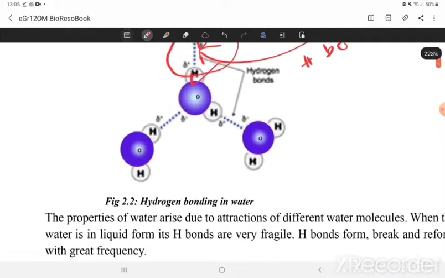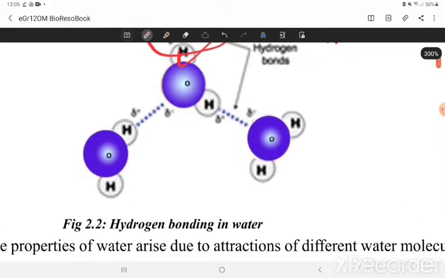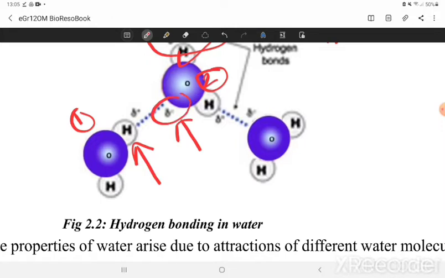You see, right? We have the hydrogen having a small delta plus charge. That's one molecule of water. And then we have another water molecule. Let's call this water molecule number 1. We call this water molecule number 2. So number 1 water molecule has a hydrogen having a delta positive charge, and number 2, you can see there, an oxygen atom with a delta minus charge.